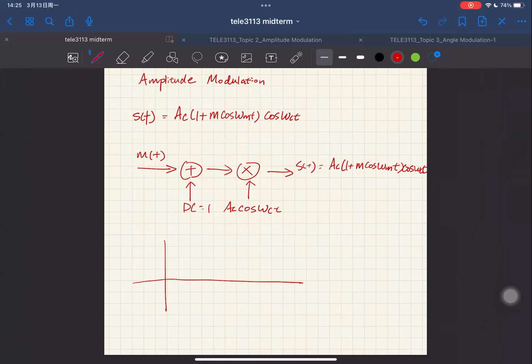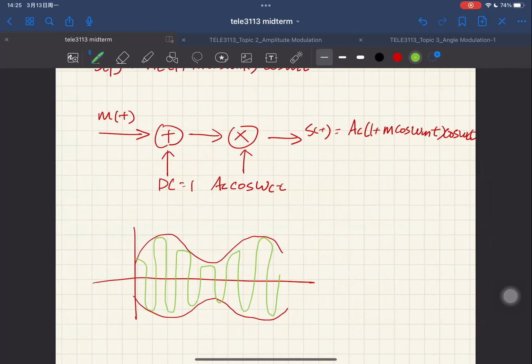Normally it looks like a very large envelope containing a very high frequency carrier. The envelope usually encodes our message, so the shape of our envelope is essentially our message signal.